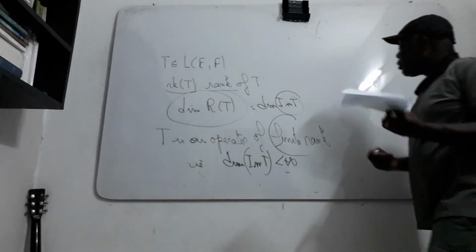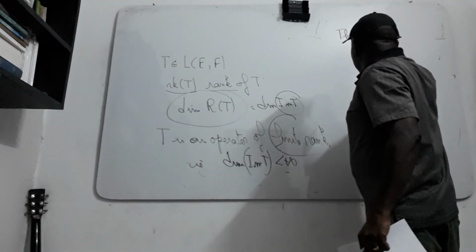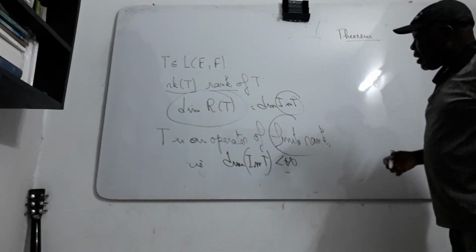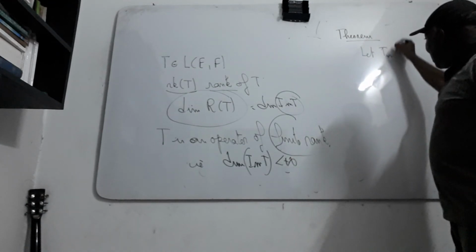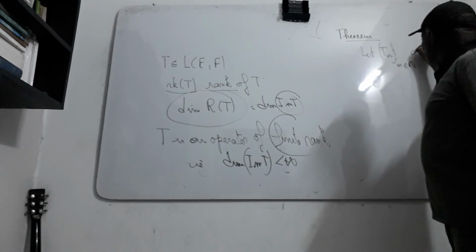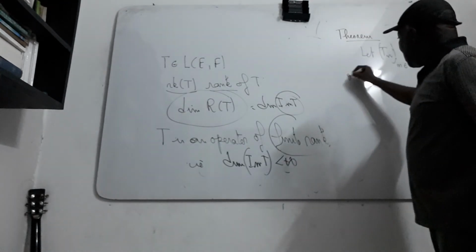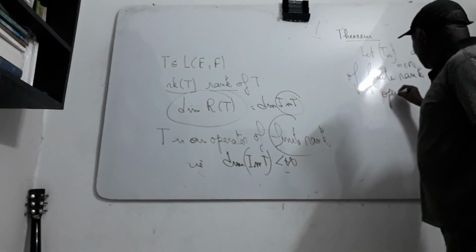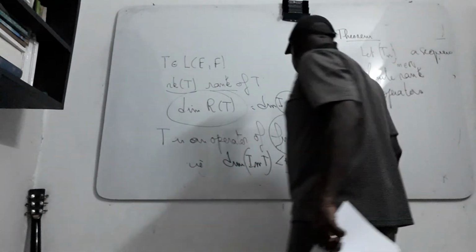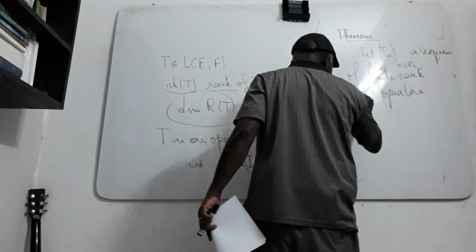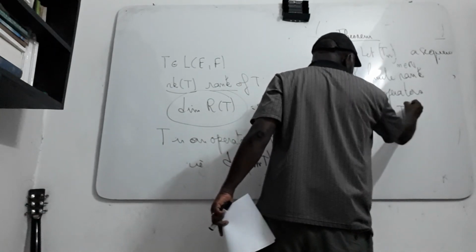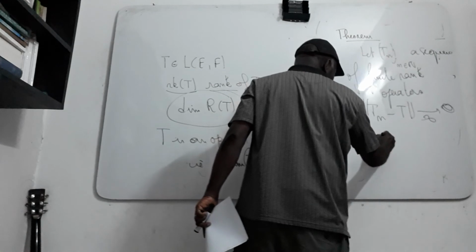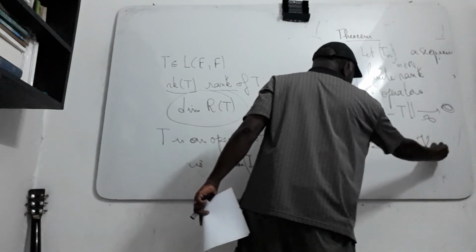So the limit is this one. When you have Tn, a sequence of finite rank operators, if ||Tn - T|| tends to 0 as n tends to infinity, then your T is compact.